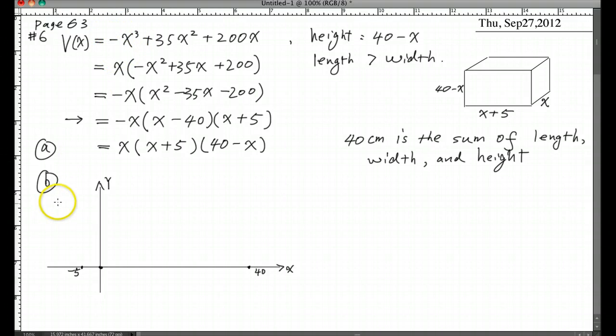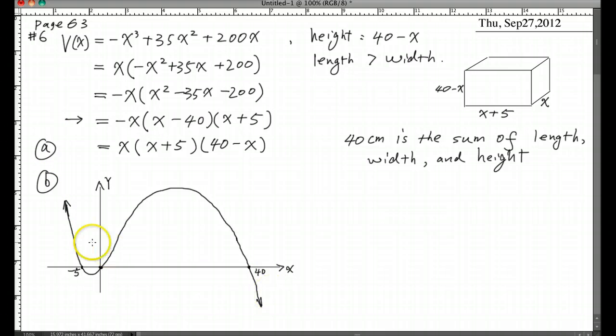So your graph should start from the top and come down, and then go up again, and then come down past the 40 point and go down forever. The arrows just mean you can go up forever, go down forever.